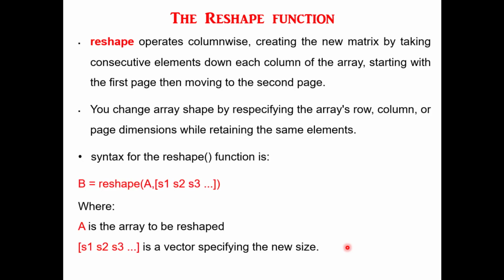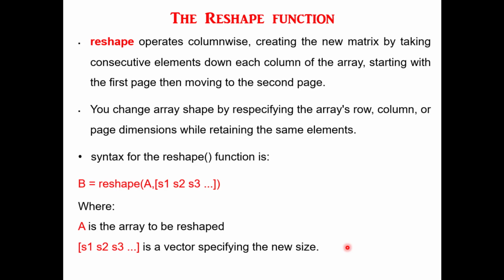Let's look at some of the functions used with multidimensional arrays. The reshape function operates column-wise by creating a new matrix taking consecutive elements down each column of the array, starting with the first page, then moving to subsequent pages. You can change array shape by respecifying the array's rows, column, or page dimensions while retaining the same number of elements.